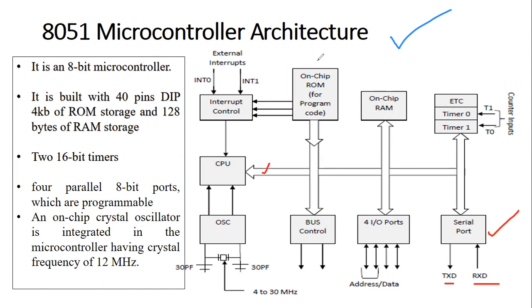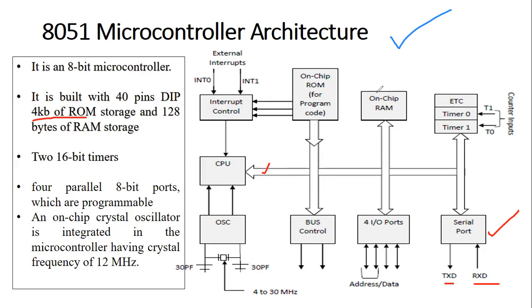Now here you can see two blocks of memory. One is ROM, another one is RAM. In 8051 microcontroller, there are 4 kilobytes of ROM storage, read-only memory storage, and 128 bytes of RAM storage.